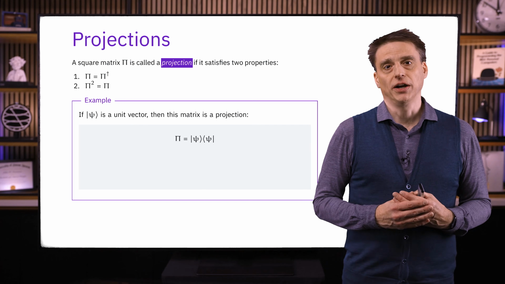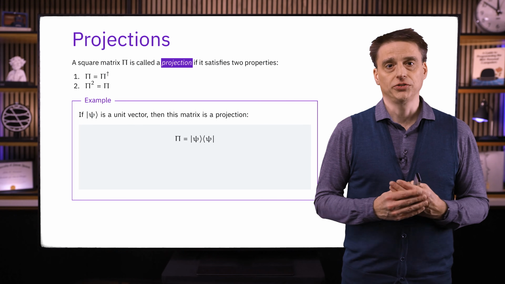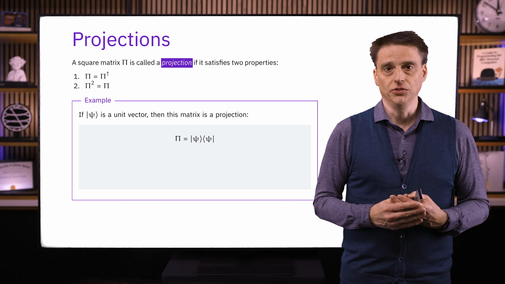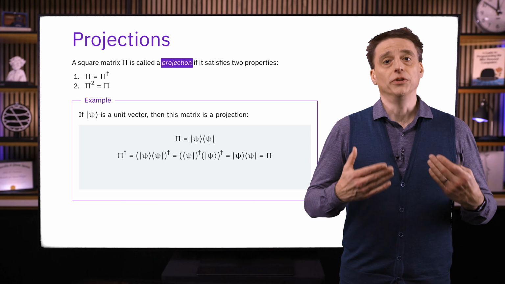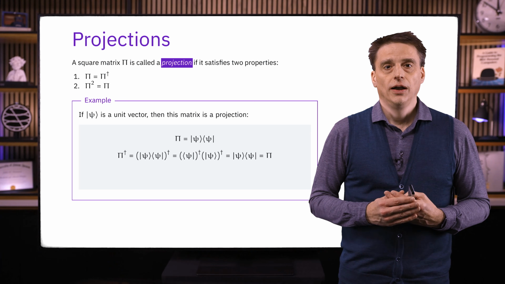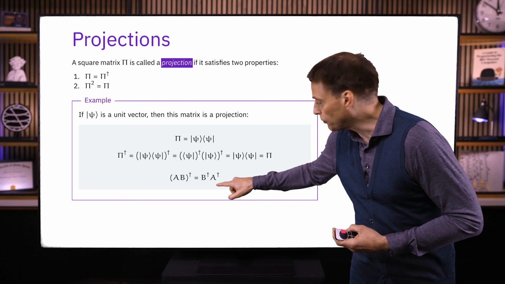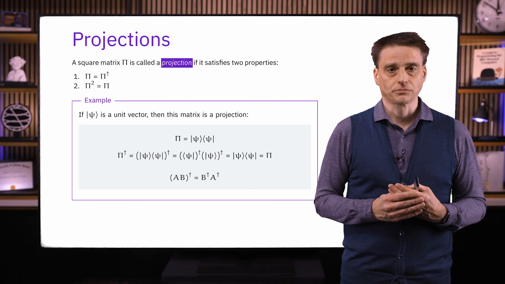An example of a projection is this matrix right here, for any choice of a unit vector psi. We can check that it satisfies the required conditions one at a time. For the first one, we compute the conjugate transpose. This is the conjugate transpose of a product, so we can use this formula for the conjugate transpose of a product to help us.